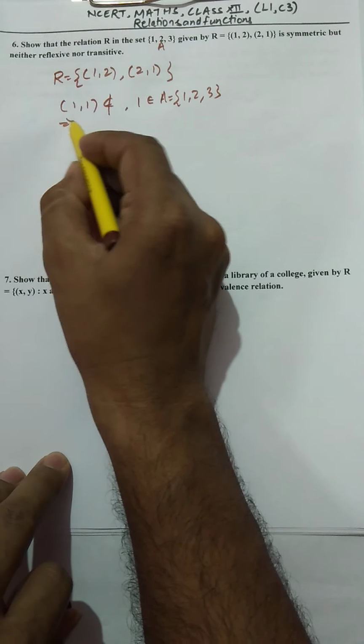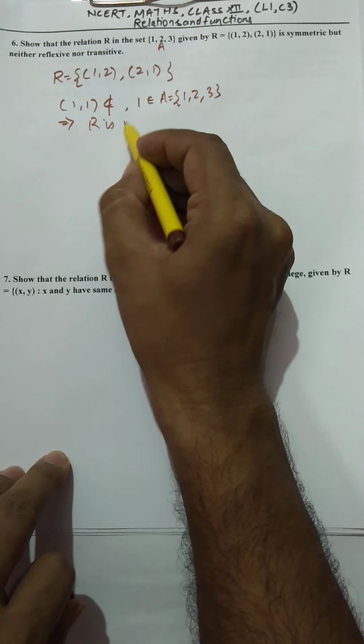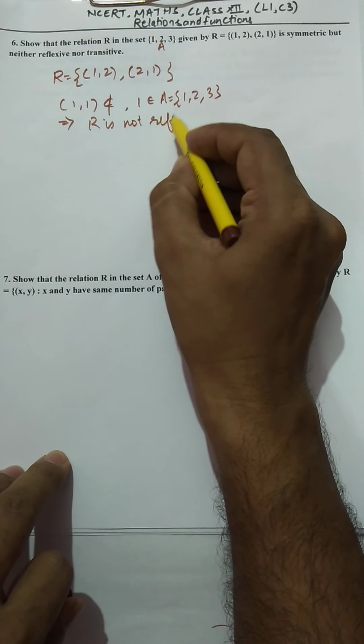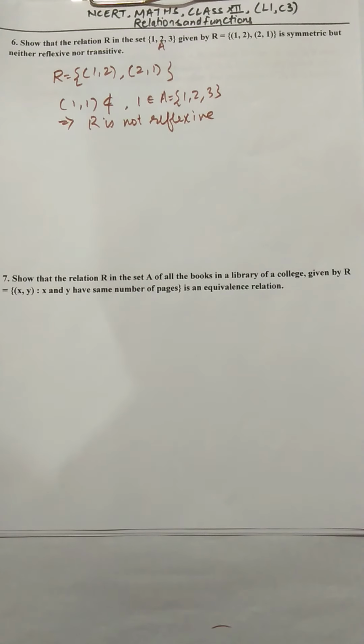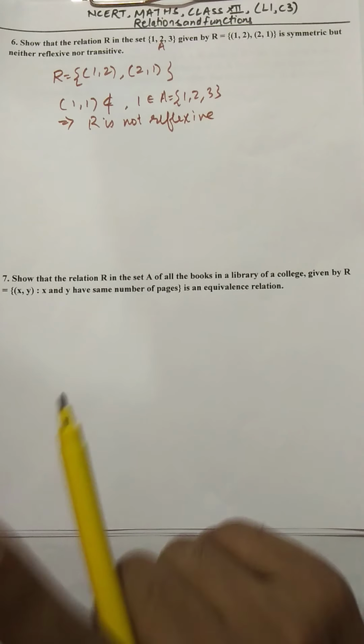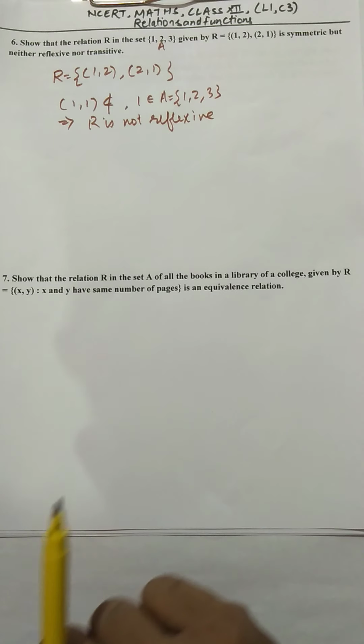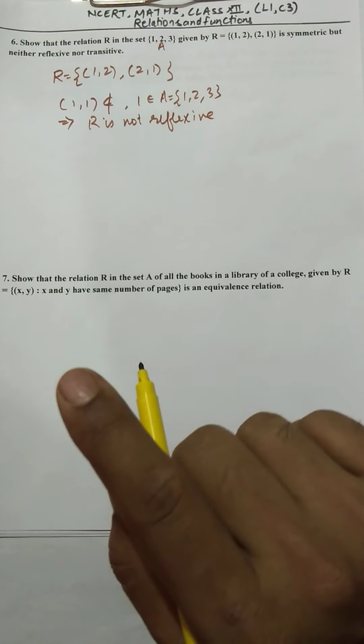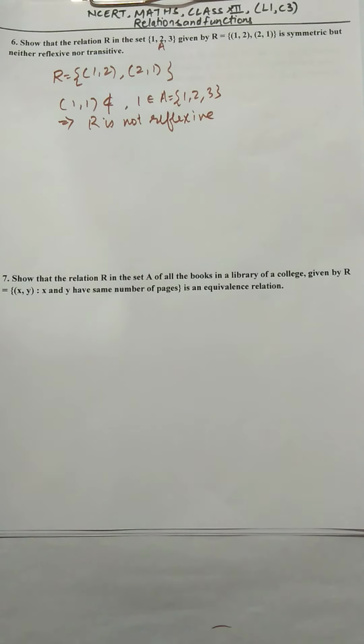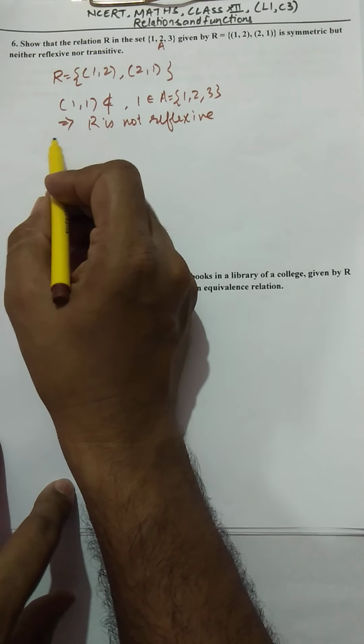So it implies that R is not reflexive. Remember one important thing: if you want to show that some relation is not reflexive, nor transitive, nor symmetric, then just one example is sufficient. So I have given just one example, and with the help of this one example I can say this complete relation is not reflexive. Now come to the second part, symmetric.